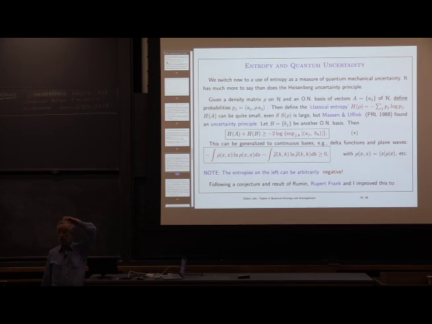Any more questions? Yes, sir. Just kind of a technicality, but when you're writing the bound for the entropy of the composite system, is the epsilon inside the parentheses or outside?